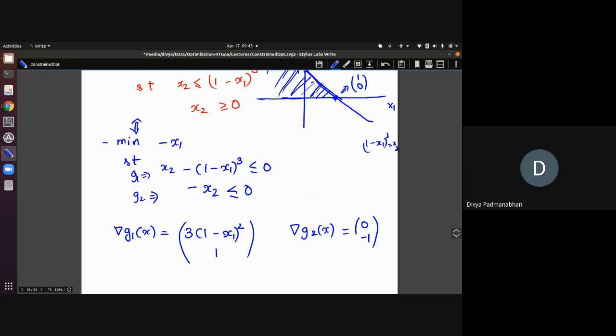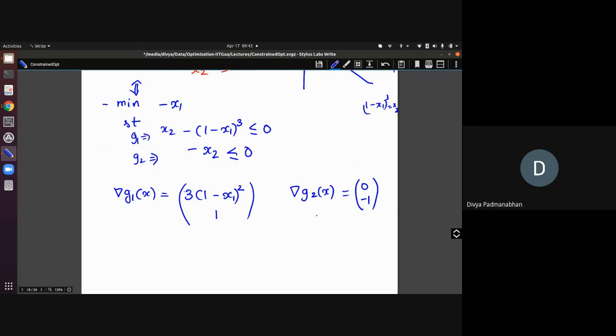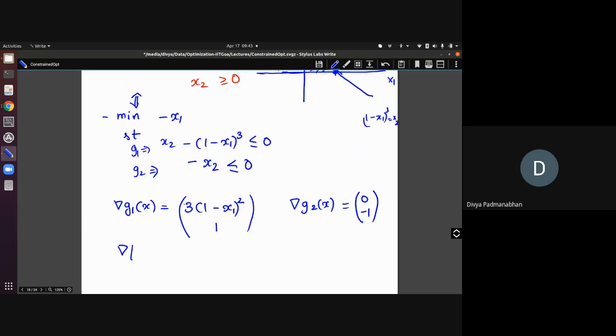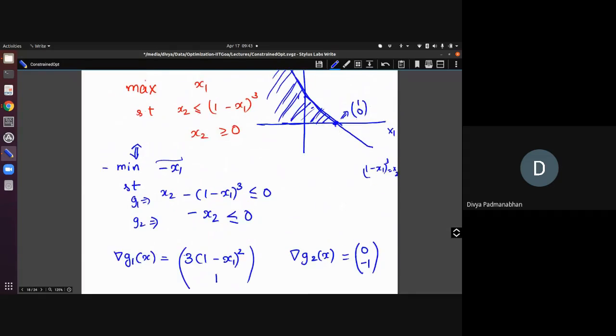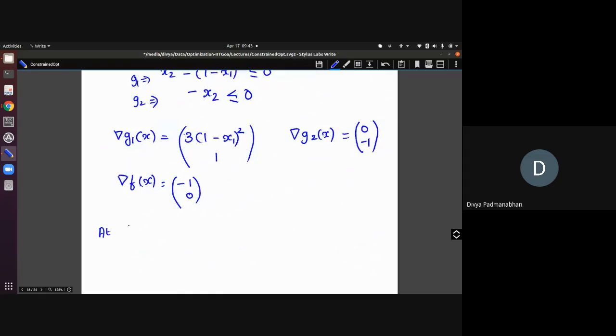What is the gradient of f also? f is now minus x1, so minus 1, 0. In particular at the point 1, 0, the gradient of G1 is 0, 1, the gradient of G2 is 0, minus 1, and the gradient of f is minus 1, 0.